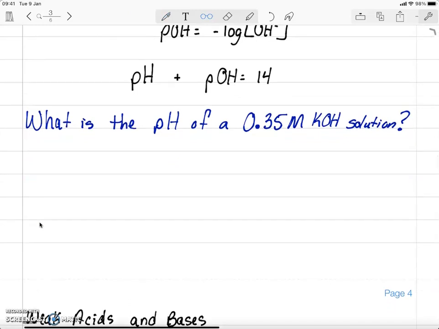So what is the pH of a 0.35 molar solution of KOH, or potassium hydroxide? Potassium hydroxide is a strong base. And so when it is aqueous, it's going to break up into K+ and OH-.